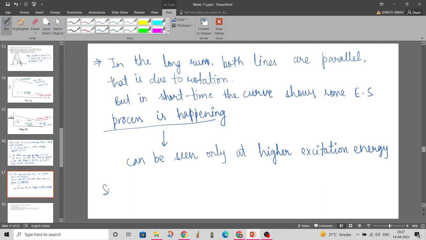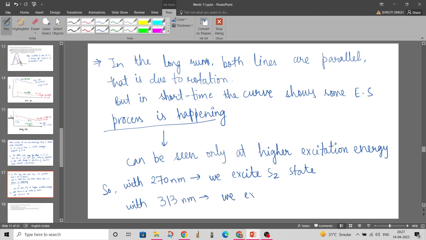Okay, so with 270 nanometer, we excite S2 state, and with 313 nanometer, we excite S1 state directly.